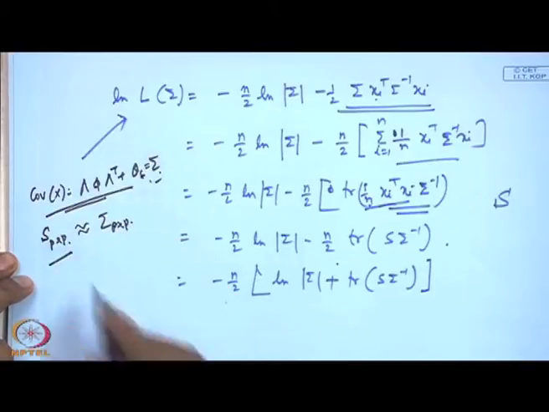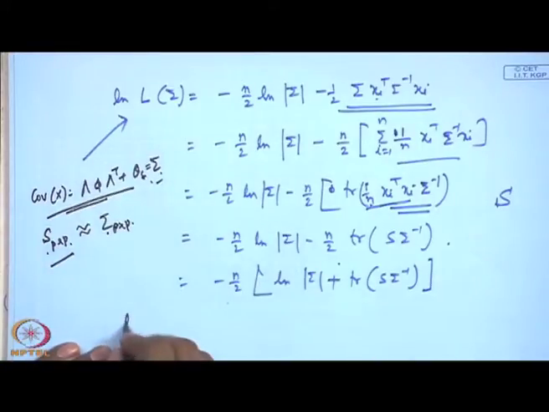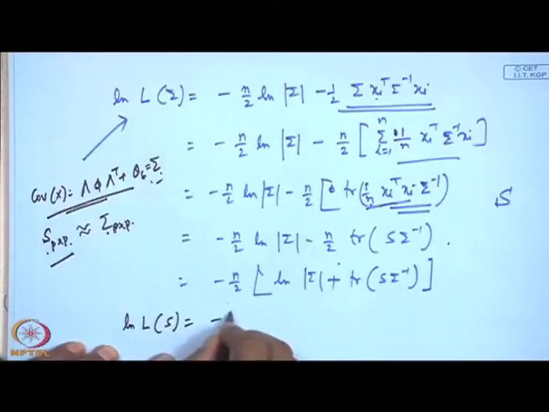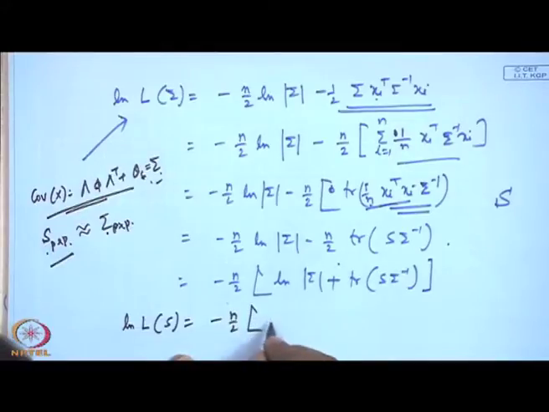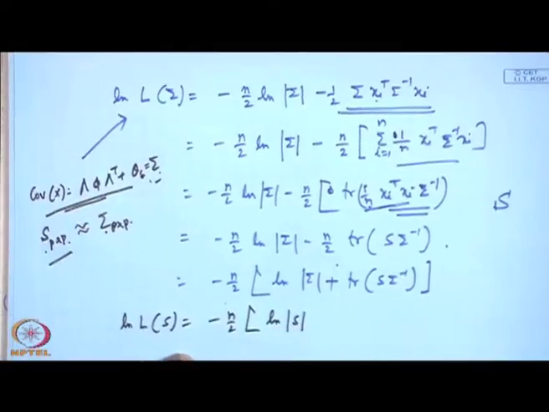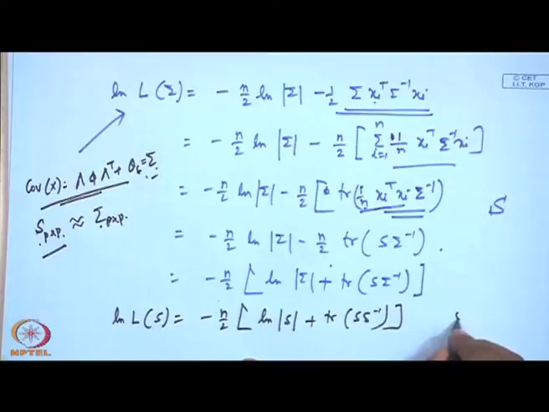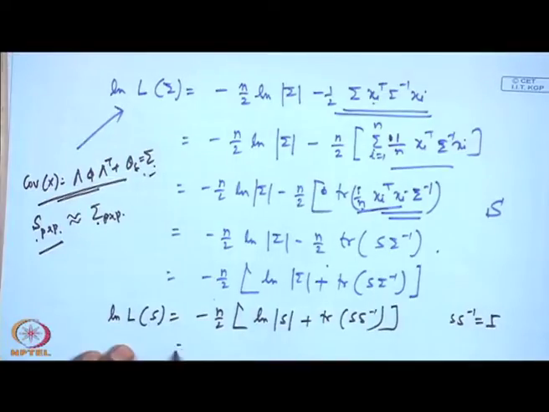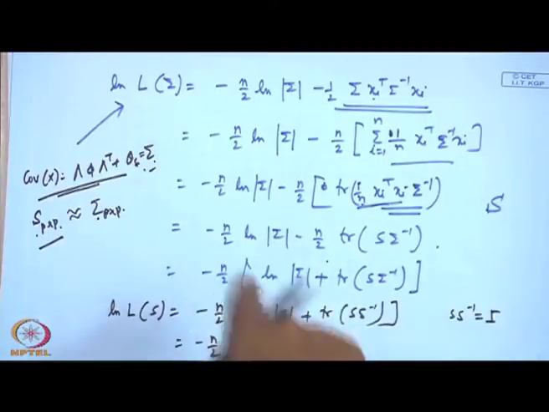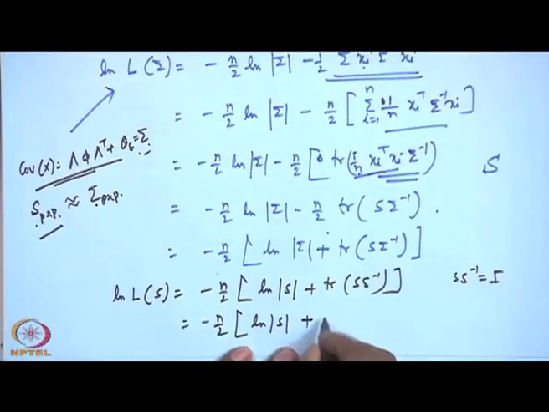Suppose the condition is such that S is equal to sigma, then if I put it here, what can I write? Log of L of S can be written like this: log of determinant of S plus trace of S inverse. Now, S inverse is I, so you can write log of S plus the sum of the diagonal elements of the matrix I, that is p.